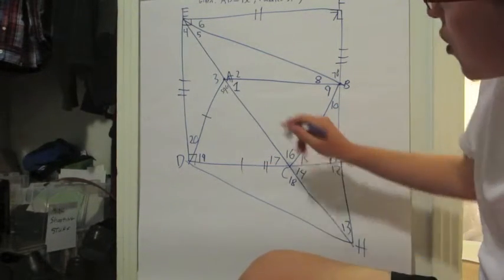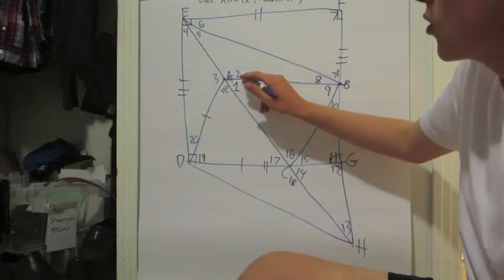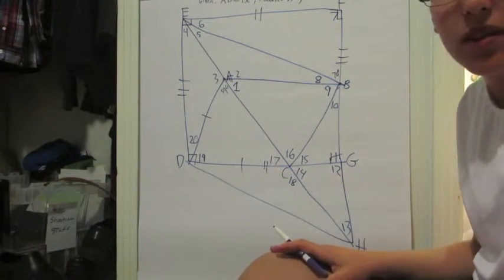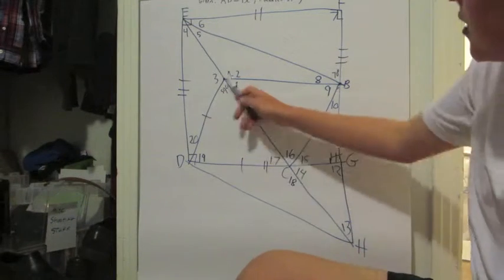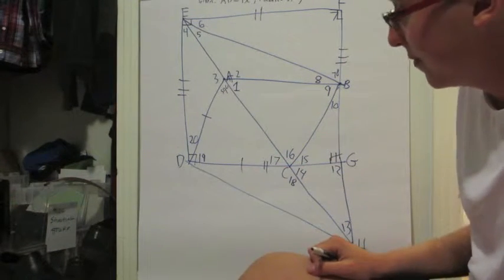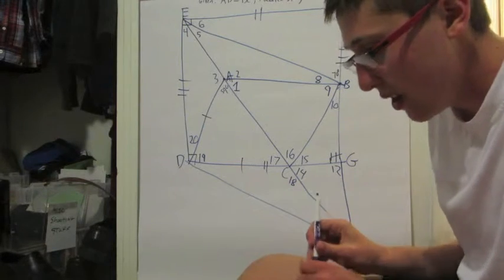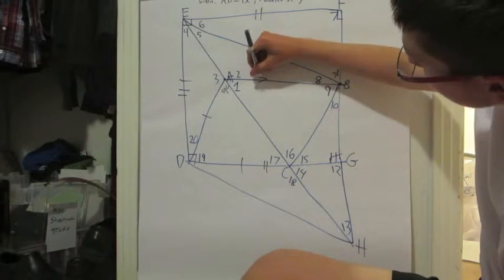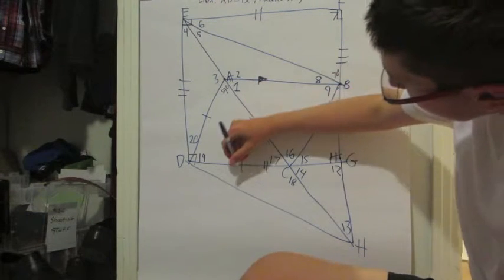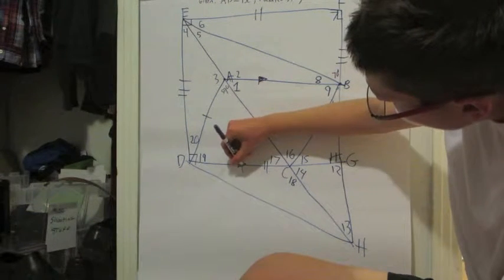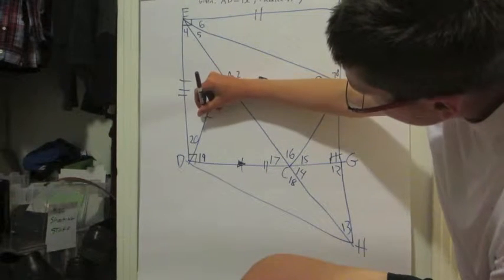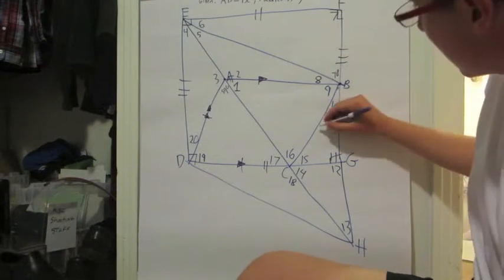And then we also know that quadrilateral ABGD is a parallelogram. So we know that if it's a parallelogram, this side is parallel to this side, and this side is parallel to this side.